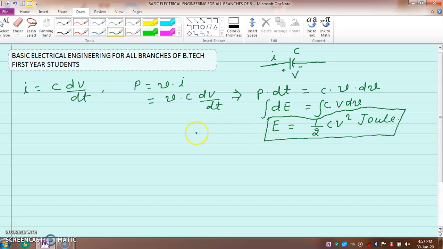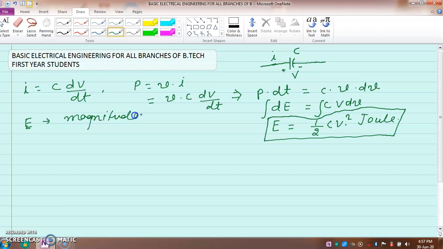Now the very interesting thing is that this energy is proportional to the square of the voltage. So whether the voltage is positive or negative, the energy is always positive. Whatever voltage magnitude you give here, the energy depends only on the magnitude of the voltage.